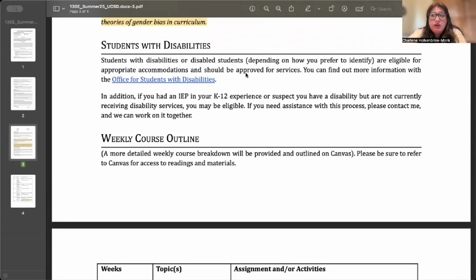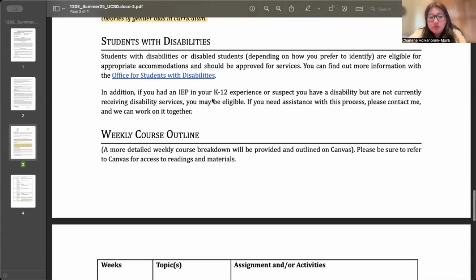However, I also recognize that there are so many barriers to disability identification. So if you feel that you could use some accommodations, let's schedule a meeting and we can chat about that and figure out the best ways to support you. This is not intended to be something to be taken advantage of, which I don't expect any of you to do, but there are significant structural barriers to the identification and support and accommodations of disabilities. So reach out to me and we can work together.